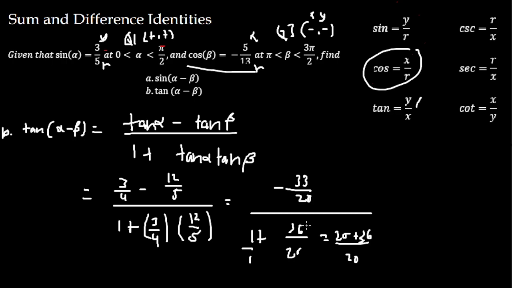So 20 plus 36 is 56 over 20. Let me check. Okay, it's 56 over 20.